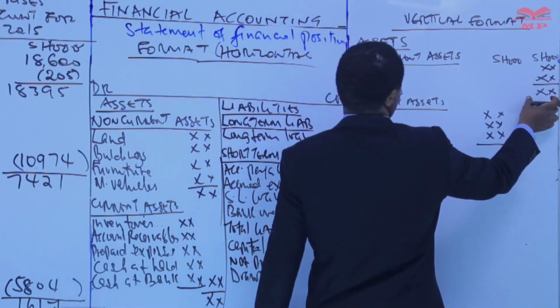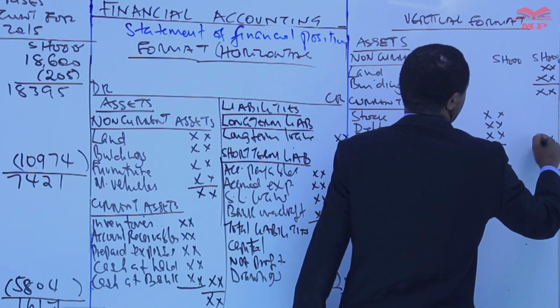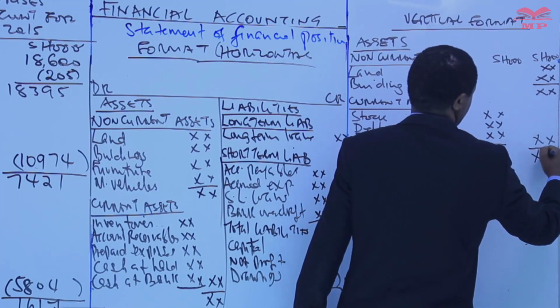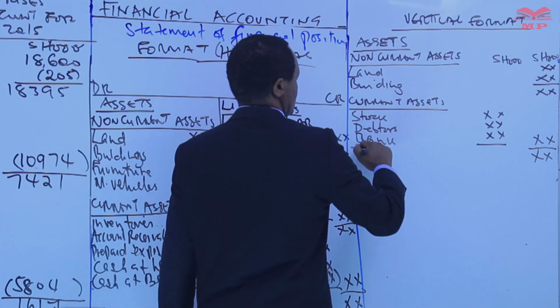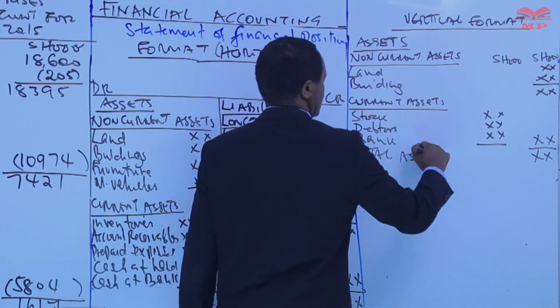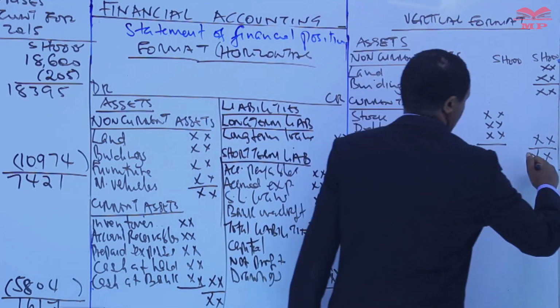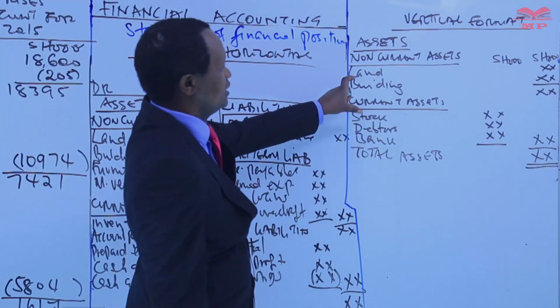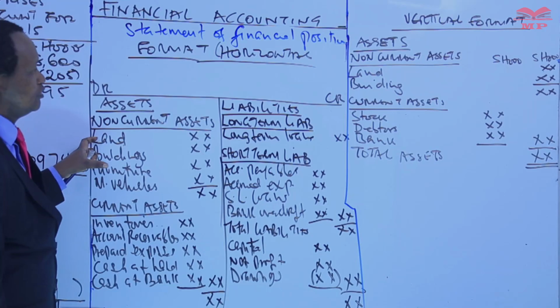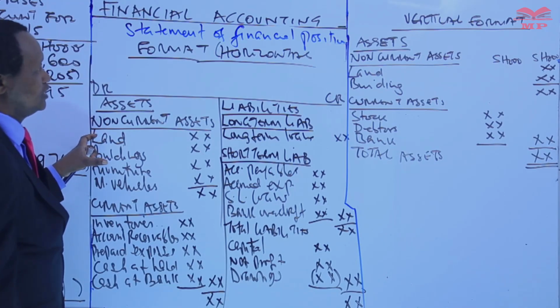Add to the total non-current assets here. Add these two, you'll have the total assets. This is total assets. We close. So that represents the debit side if you were to prepare the balance sheet in a horizontal format.